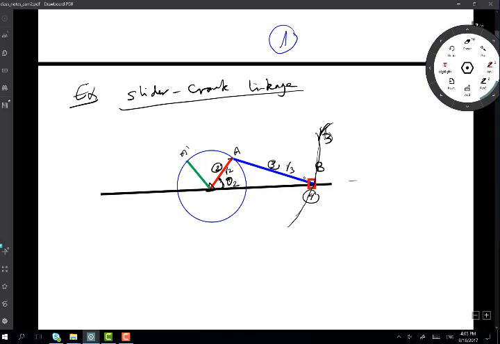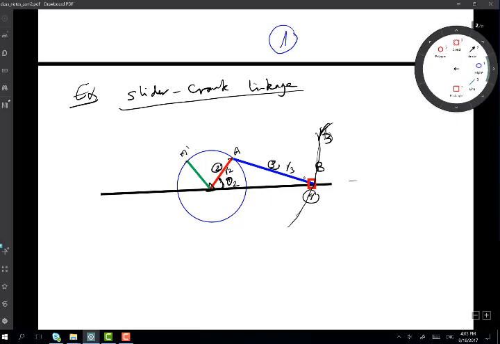I can repeat the same thing at point A prime. I can draw also a circle. Let's see if we can draw a neater circle here. I'll try another color.